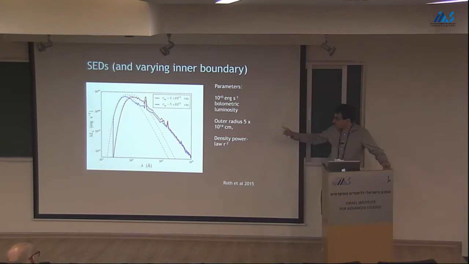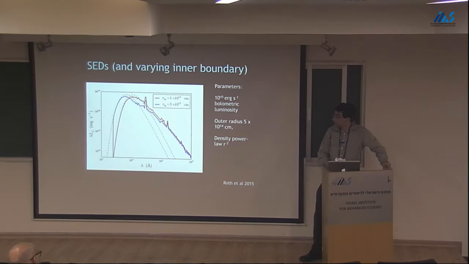In these particular cases, you also get a lot of the X-rays coming out. The reason that's happening is because even though the electron scattering depth is very high, the absorption optical depth is not necessarily very high at all wavelengths. Some of the ionizing photons can just scatter all the way out without ever being absorbed because the material is so highly ionized.